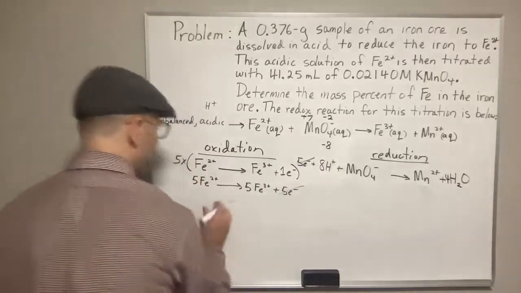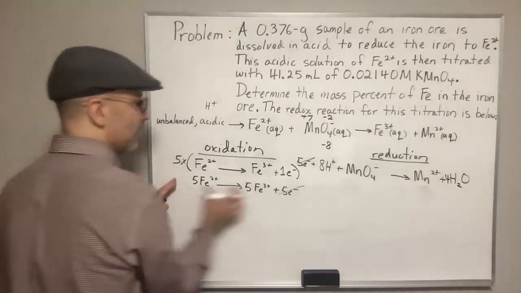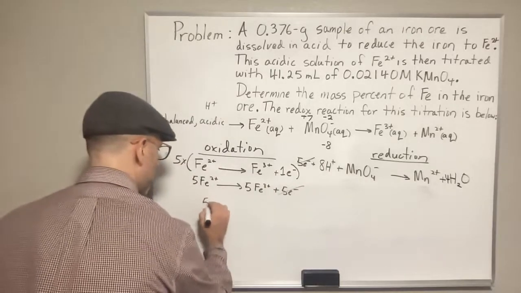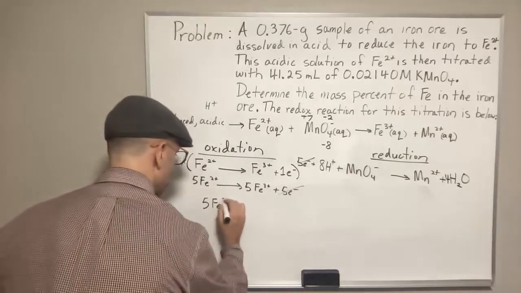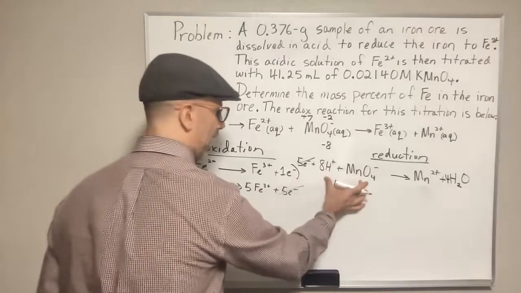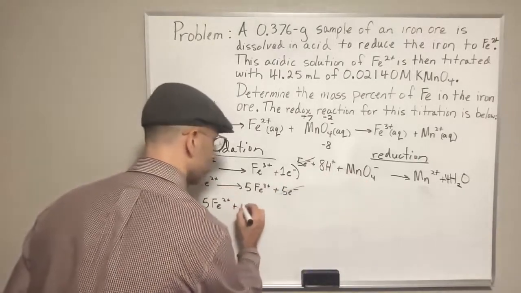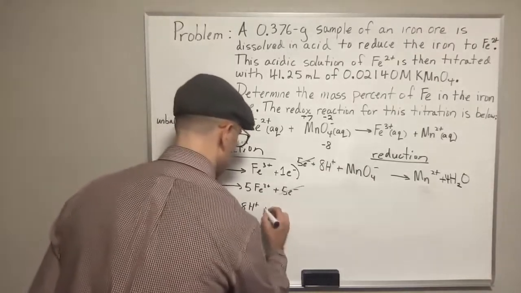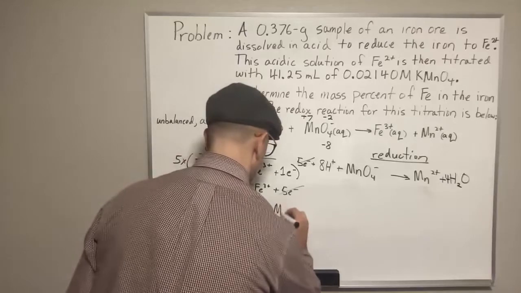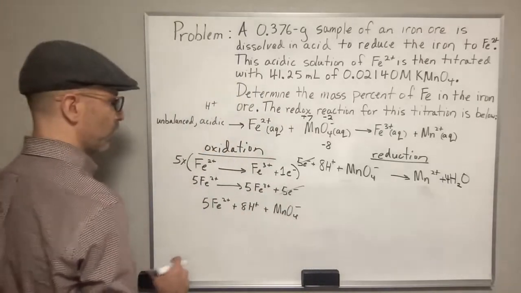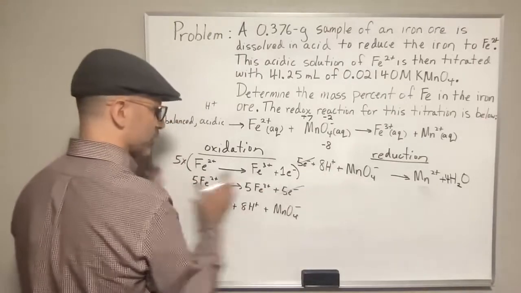When we add this, we're going to add the reactants for both half reactions together. So we're going to have 5 iron 2+ ions for this half reaction, and then we're going to add these two: plus 8 H+ ions plus MnO4 minus. So that's the reactants put together.